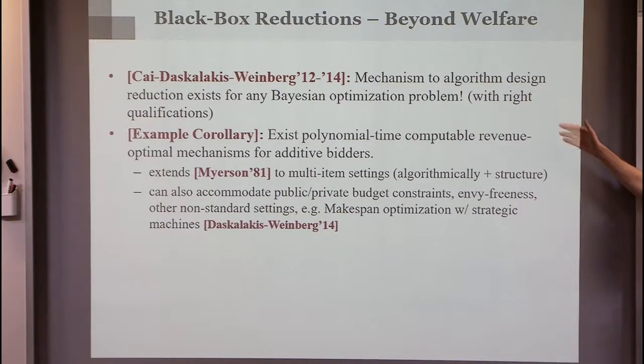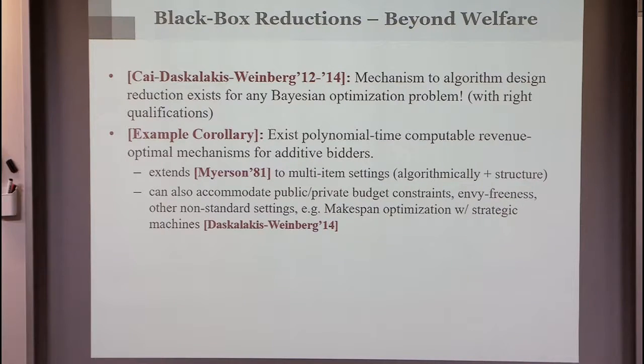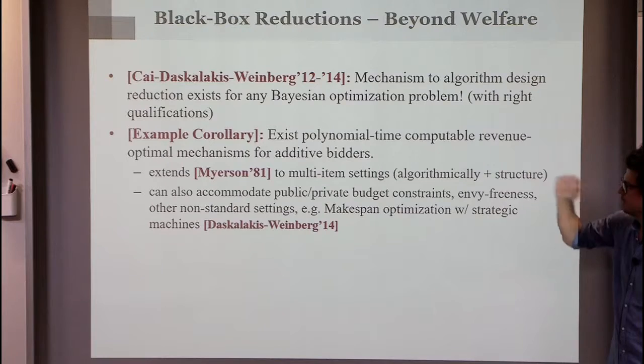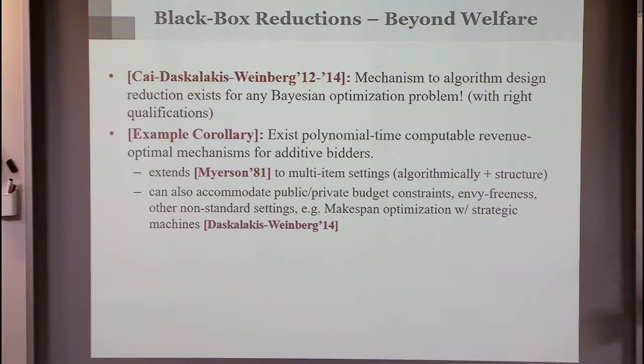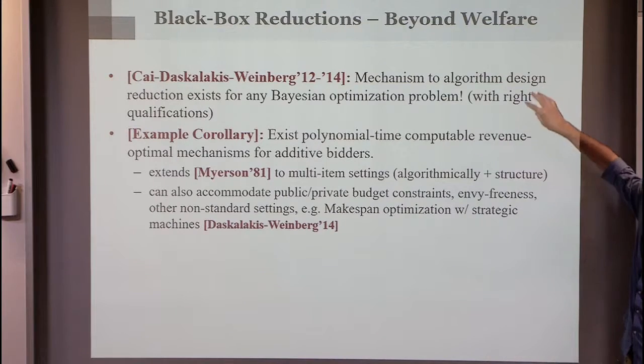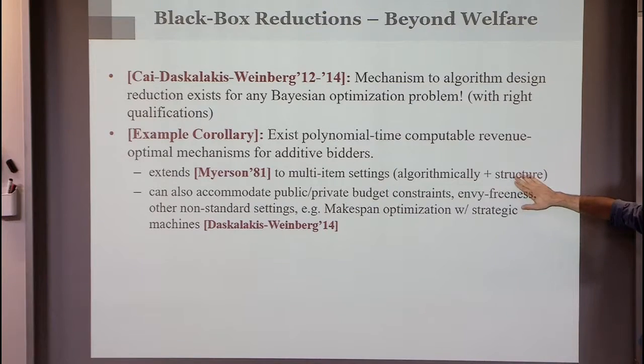And in fact, it can accommodate various features like budgets, or can go beyond additive bidders and beyond the objectives of welfare and revenue that are well studied. Now, also, by using this basically purely algorithmic result, we also get structural information about the optimal auction. And I'm also going to give a flavor of what we get.